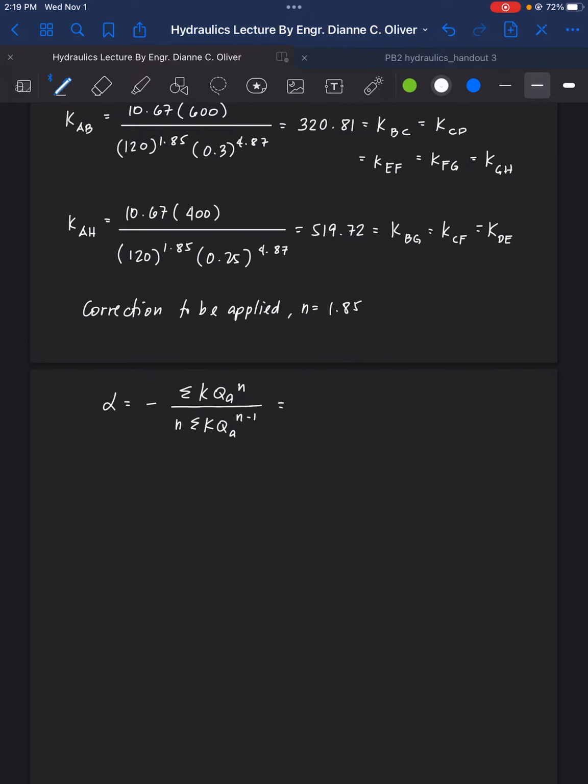So since we're using n value of 1.85, the formula becomes negative summation of KQA raised to 1.85 all over 1.85 summation of KQA raised to 1.85 minus 1, or that is 0.85.